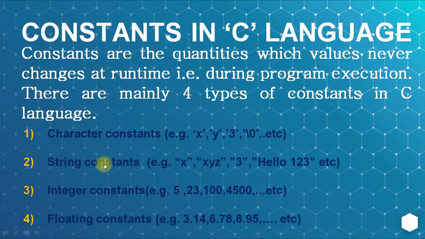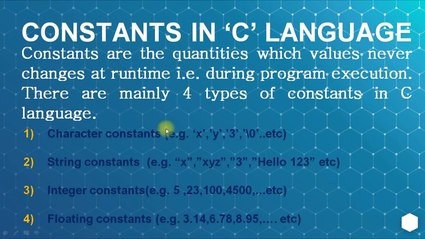Next one is string constant. How will we recognize whether it is a string constant or a character constant? If any single or multiple alphabets, digits, or both are enclosed inside double quotes, then they are known as string constants. So what is the difference?